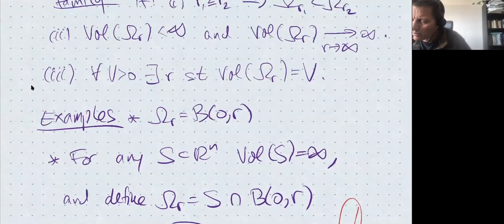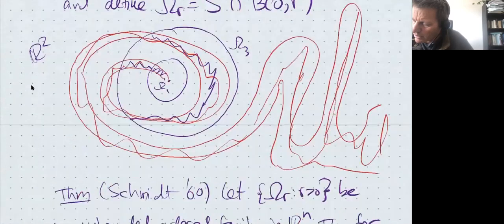So I'm going to reparameterize the sets omega r so that they depend on an integer, a natural number, not a real number. And the nth body, I want it to have volume n. And I know that I can do that by axiom number 3.